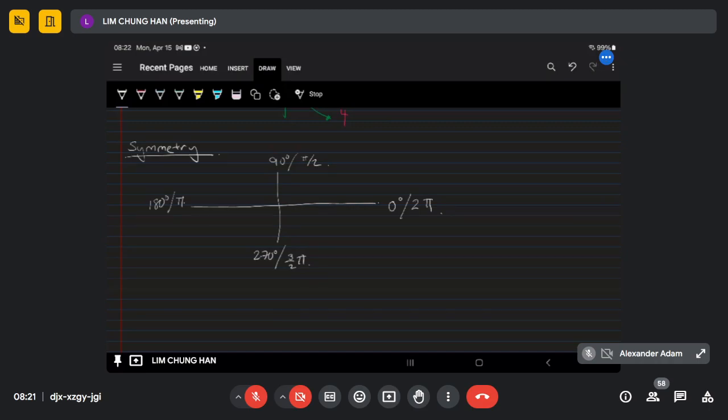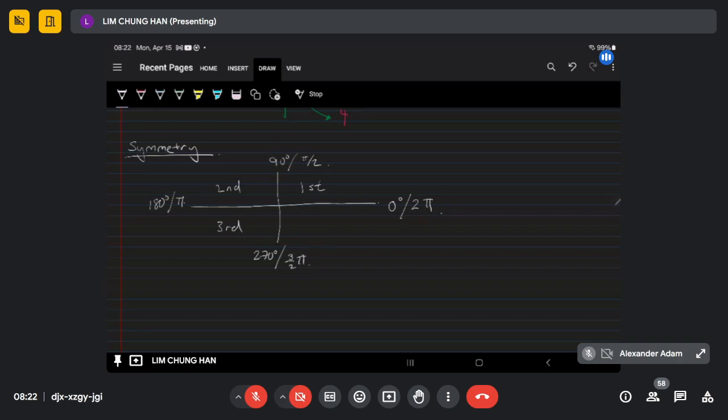There's also another thing that you need to know. As you can see, this diagram is split into 4 quadrants. Between 0 and 90 degrees, we call it the first quadrant. From 90 to 180 degrees, the second quadrant. From 180 to 270 degrees, the third quadrant.